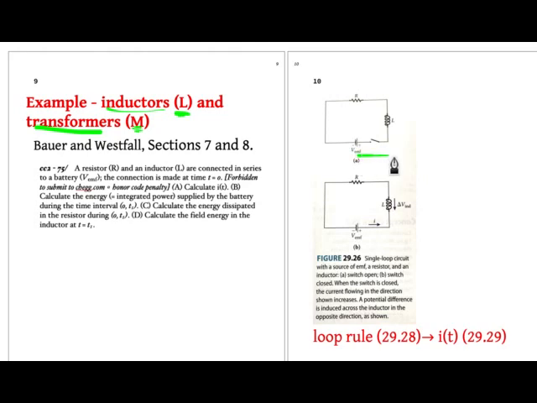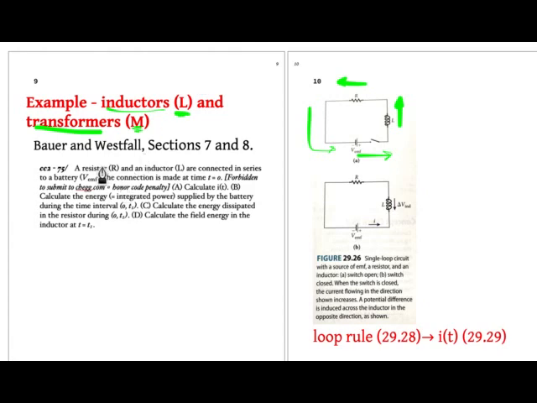The battery will push a current out of the positive terminal, through the coil of wire, through the inductor, through the resistor, and then back to the negative terminal of the battery. And so you see that's a direct current circuit, because at any point in the circuit, the current always flows in the same direction.